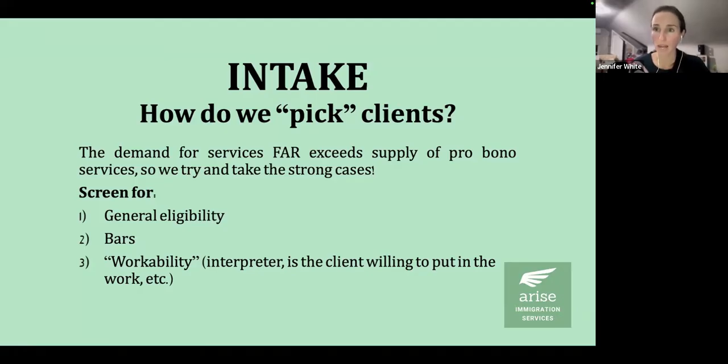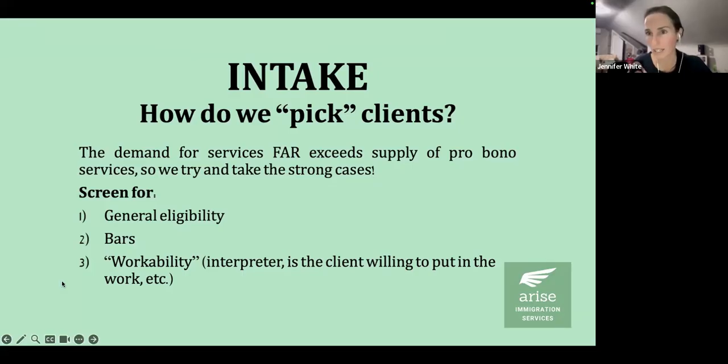This gentleman was a pastor and a Christian, but he could not identify that he was being targeted because of his religion. It actually sounded as though he was being targeted because of his religion, but he didn't agree with that assertion. So we ended up not taking the case because it just wasn't arguable if he didn't agree with the protected ground and the nexus.